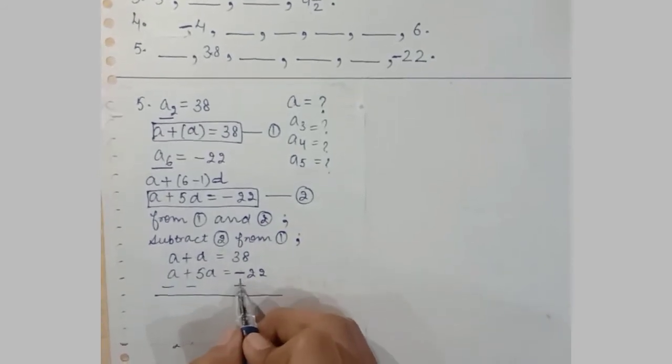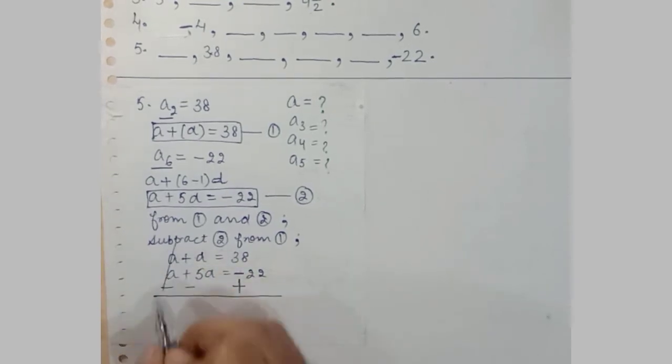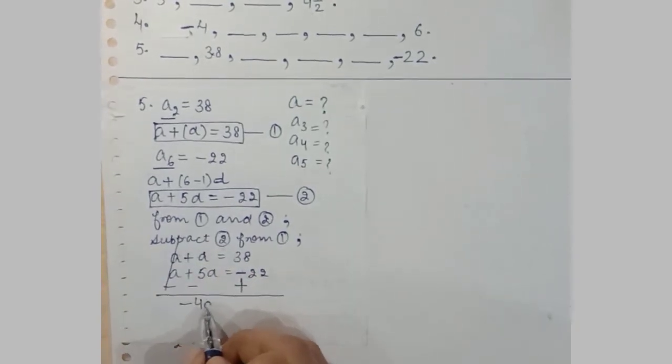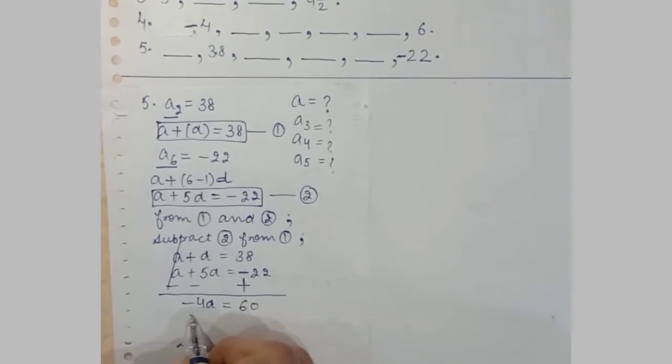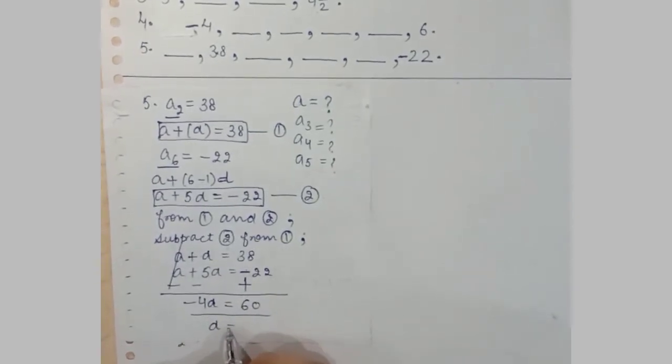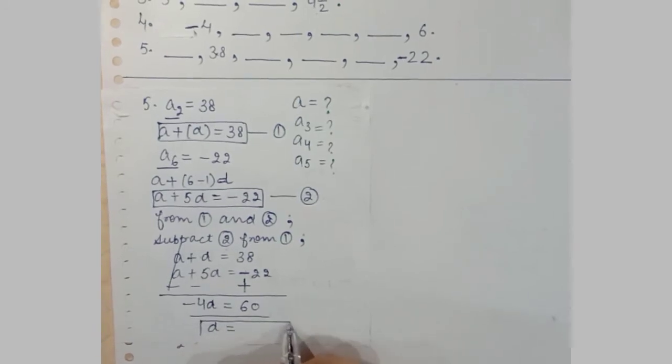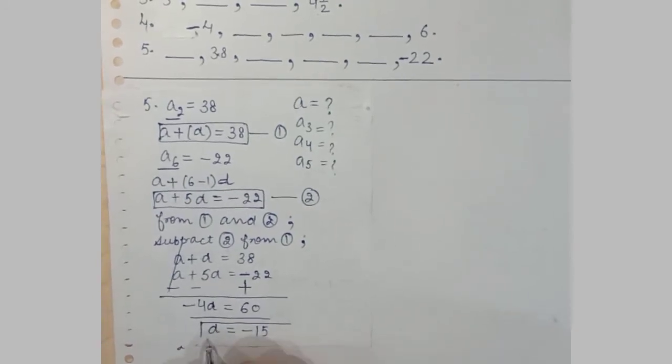Here minus changes to plus. Minus 4d is equal to plus 60, or we can say the common difference d is minus 15.